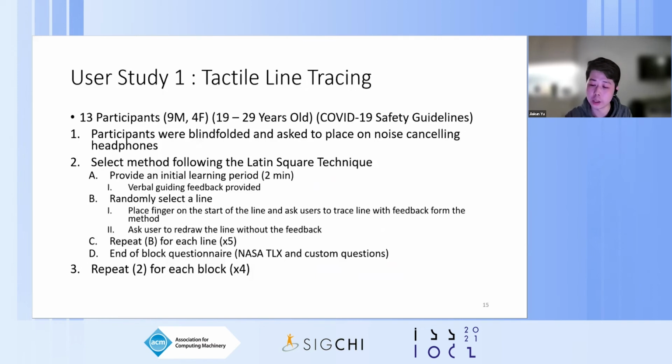Then they were asked to trace randomly selected unseen lines from the set of lines with the feedback and redraw the line from memory 5 times. After tracing 5 different lines, they were asked to fill in the NASA task load index survey to judge how intense each method was.